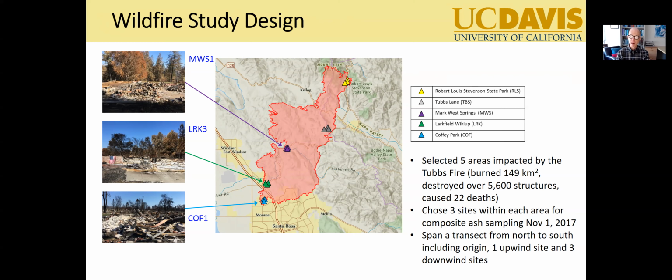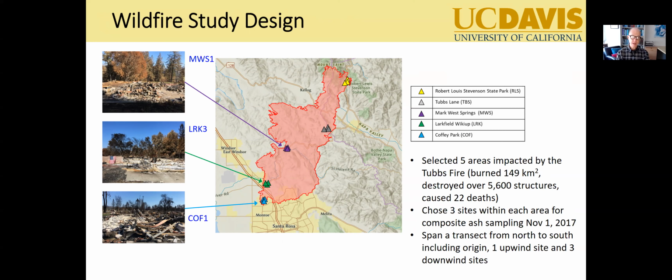And so there's a transect of sites. At each general location, we took 3 samples. So there's a total of 5 sites, 4 of them developed, 1 of them undeveloped. At each site, we have 3 different samples, and then we composited samples from these homes.